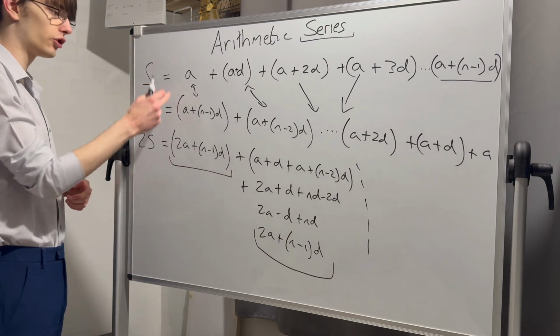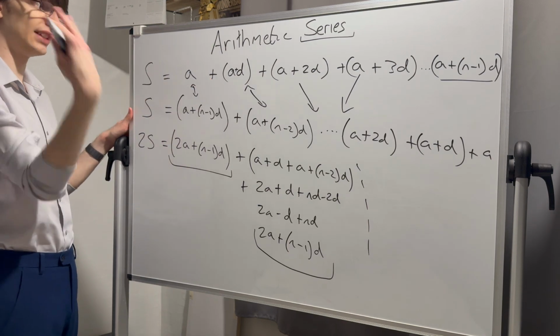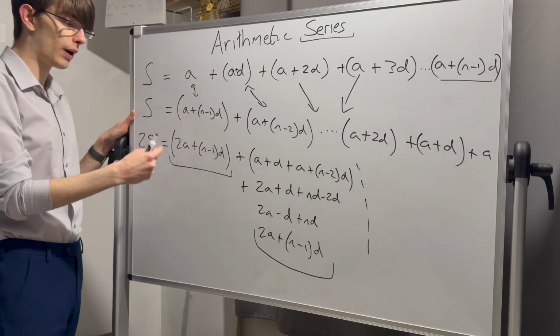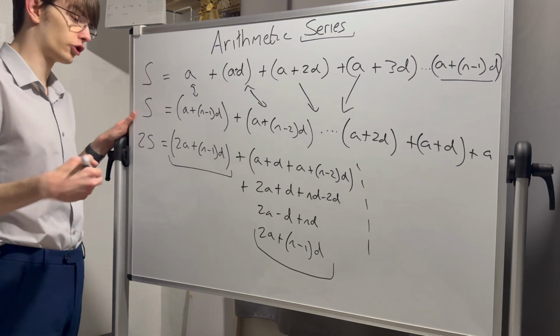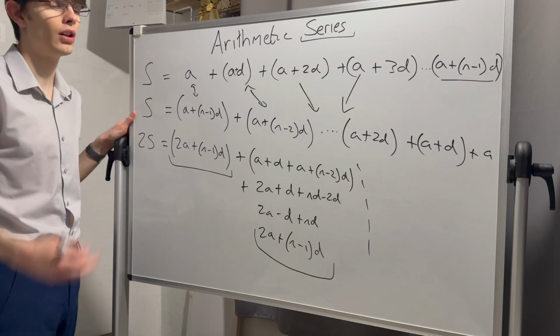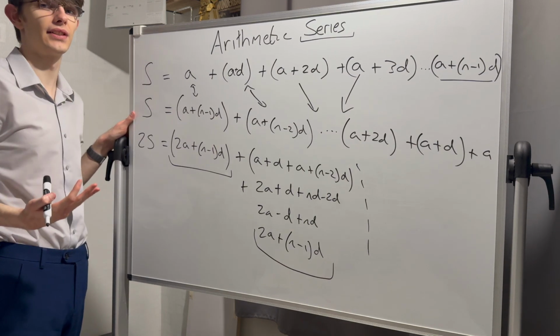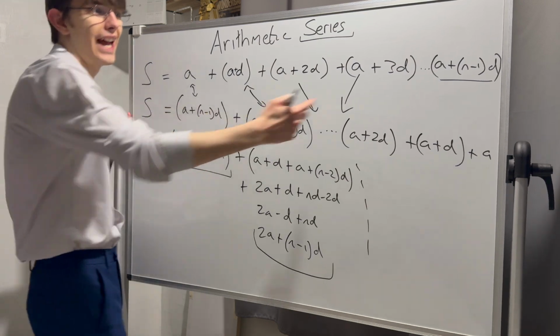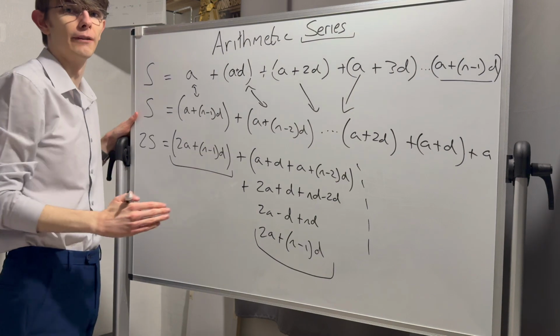So when I add these two together, I end up with a series that is 2a plus n minus 1d, plus 2a plus n minus 1d, plus 2a plus n minus 1d, over and over and over again. Now, how many times am I adding that together? Well, it depends on n, right? It depends on how far into the series I'm going.